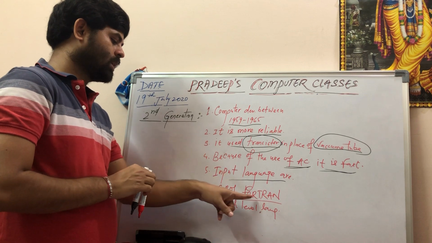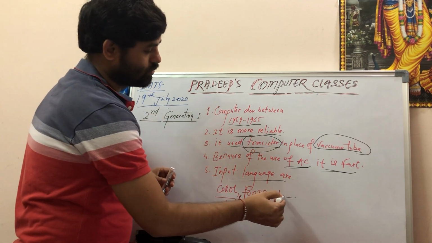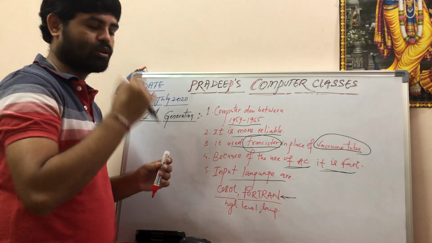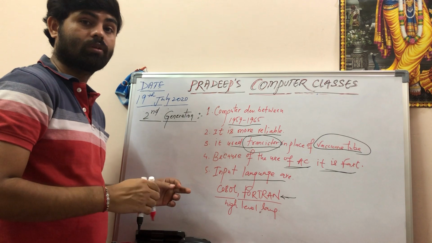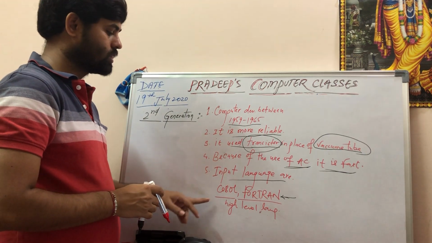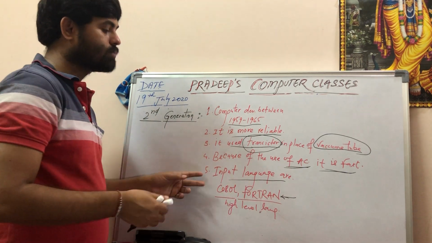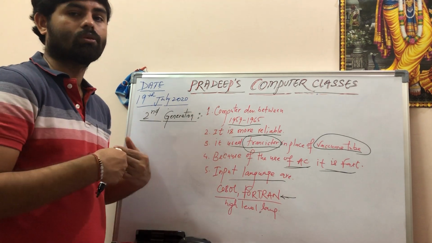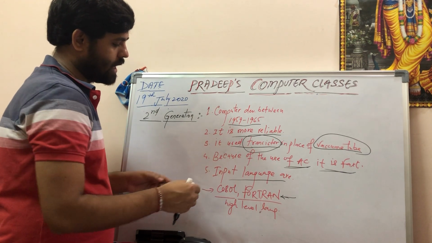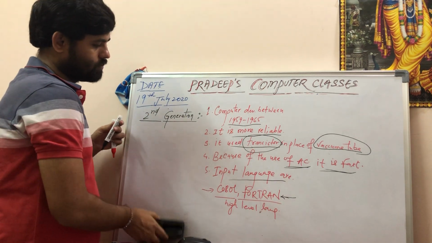So if you go further in the software industry, if you want to work as a software engineer, or if you study software engineering, then you can see what COBOL and Fortran are. These languages are very vast. It is a high level language basically, that the machine can understand. We have to write the coding in this language, and the machine will understand it. Then we'll have some examples.